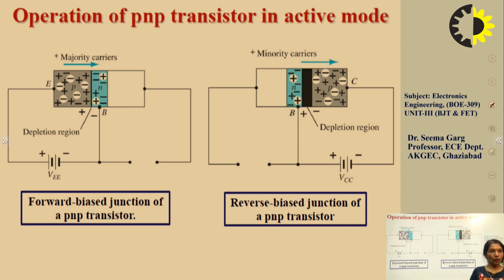Also, although you are reverse biasing the collector terminal, because of the presence of minority charge carriers in the collector region, they get forward biased and some amount of current flows. So although the majority charge carriers get reverse biased by the reverse biasing of the collector base terminal, it will give forward bias to the minority charge carriers.